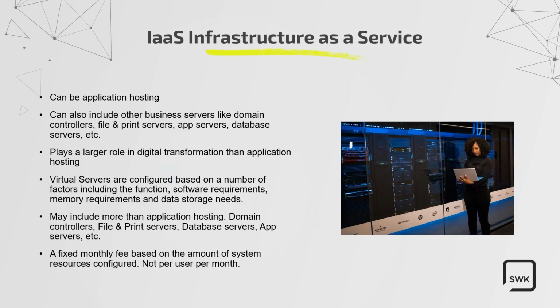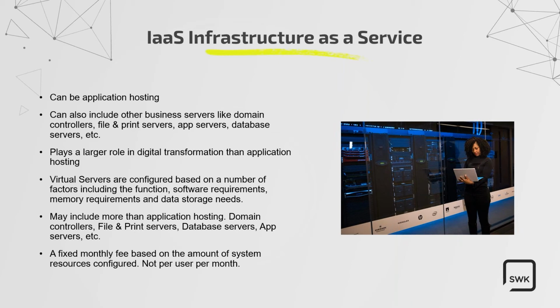IaaS, infrastructure as a service, can be application hosting, but it can also be other business servers like domain controllers, file and print servers, application servers, database servers, etc. This is important because IaaS plays a larger role in digital transformation than application hosting.